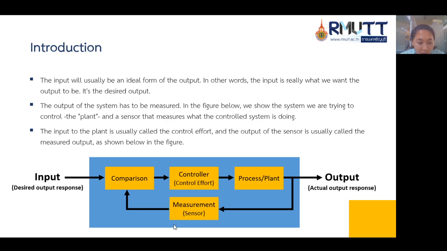In this figure, we show the system we are trying to control, the plant, and a sensor that measures what the control system is doing. The input to the plant is usually called the control effort, and the output of the sensor is usually called the measured output, as shown in this picture.